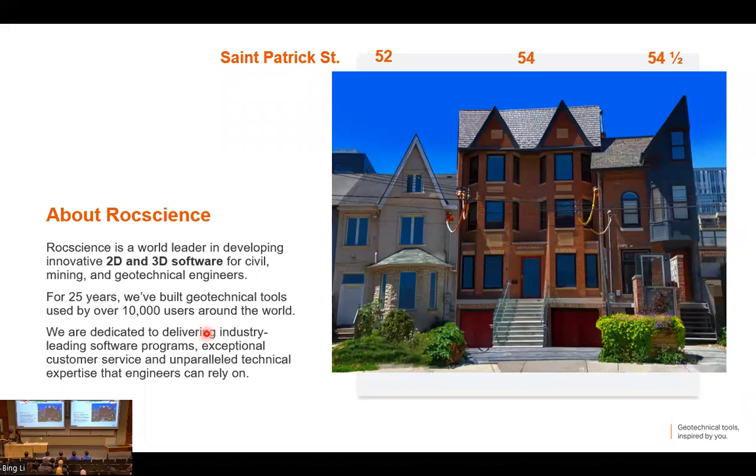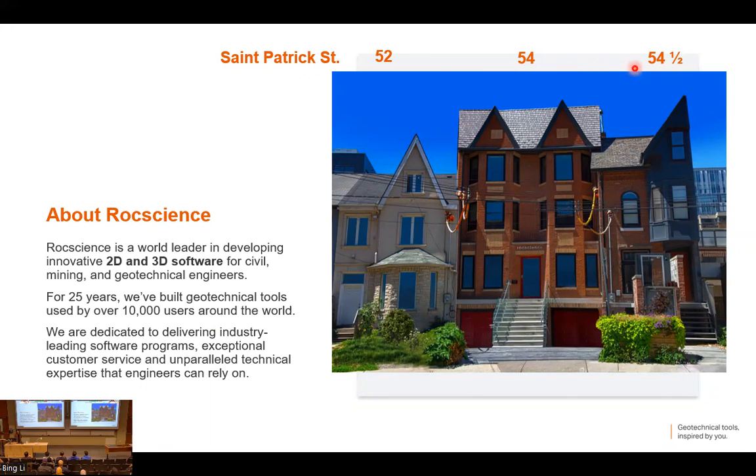Currently, I work at Rock Science, which is based in downtown Toronto. Our core business is to make 2D and 3D software for civil engineers in mining and geotechnical. We are based on St. Patrick's Street, and our office has 2.5 buildings. The units are 52, 54, and 54 and a half.